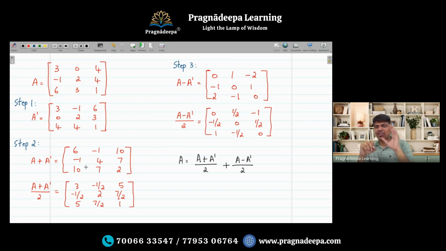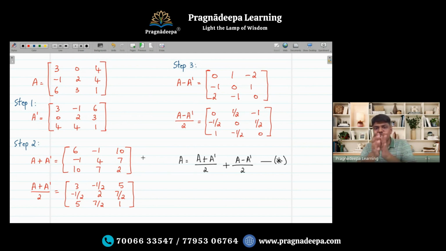What have we done? Can you see this black line? Suppose I call this equation number star. What have we done in star? We have added a symmetric matrix and a skew-symmetric matrix to get our matrix, correct? What was the matrix at the start?